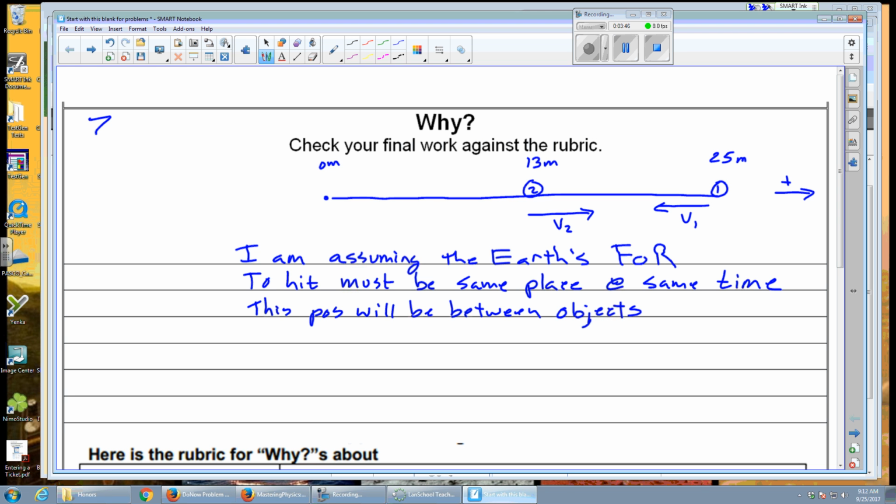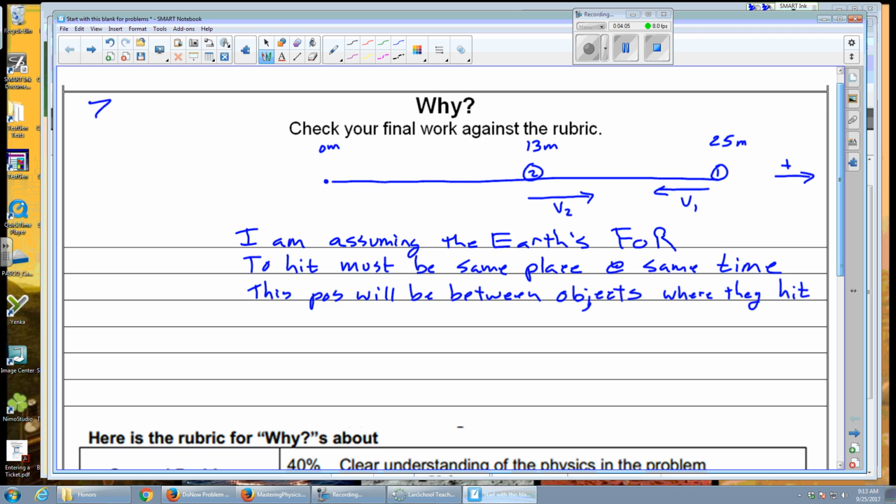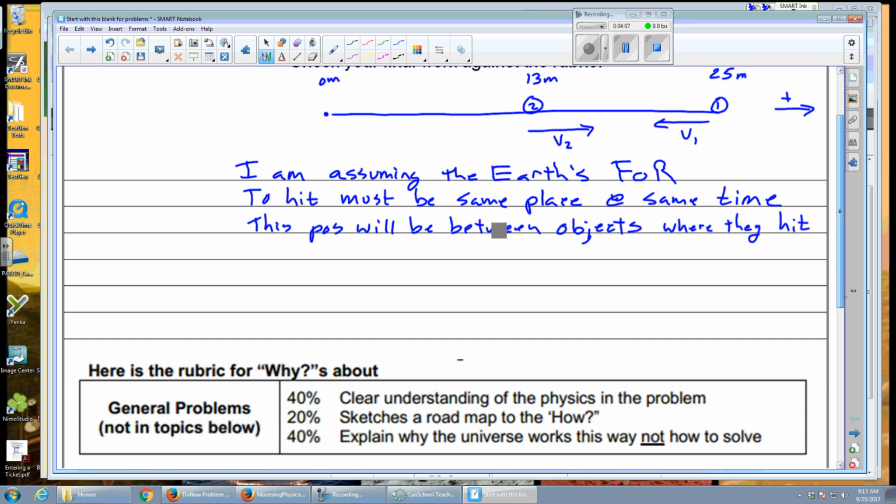But with them both heading towards each other, the position will be between the objects where they hit. And I think that would do everything for my why.